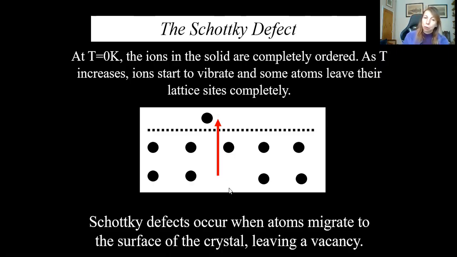That's what's called a Schottky defect. It's when we have a hole left in our lattice because some of our atoms or molecules have attained sufficient thermal energy to be able to escape from the crystal. And of course, this leaves a vacancy.